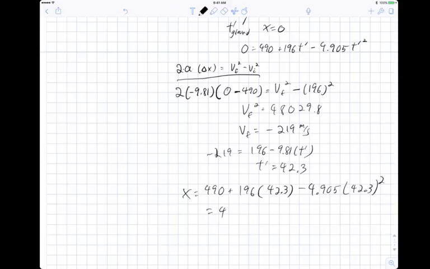Okay, 4 meters. That's within the error. We're working with 3 sig figs here, so that's cool. That's close enough to 0, so it works. There's your final answer.